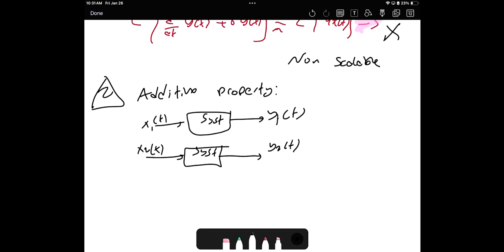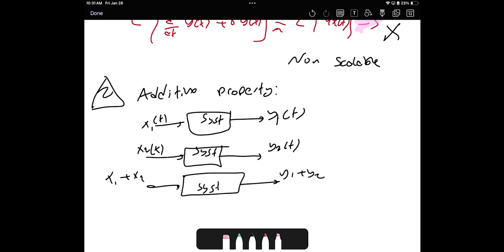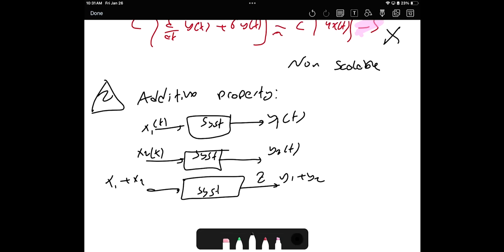How about if you enter these two inputs together? If you enter x1 plus x2 for the same system, will it give you y1 plus y2? If yes, it is additive. So this we'll call it as z. So if z of t equal y1 plus y2, then additive. If not, then it is not additive.